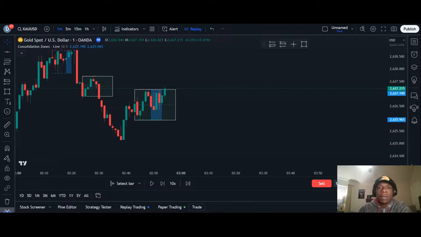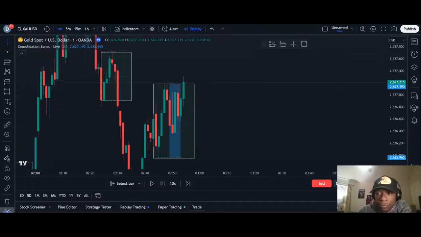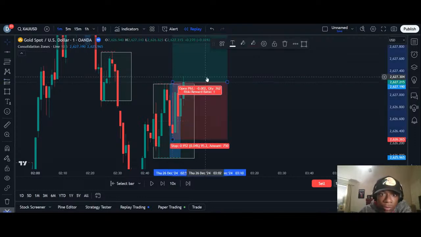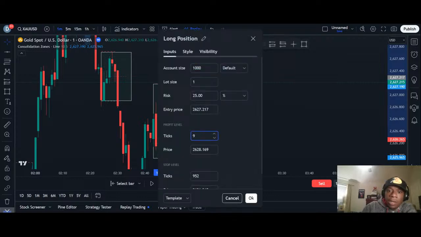Let's see what's going on here. I'll keep going to my template. I believe we are at 1900 now. 1900 tick SL.